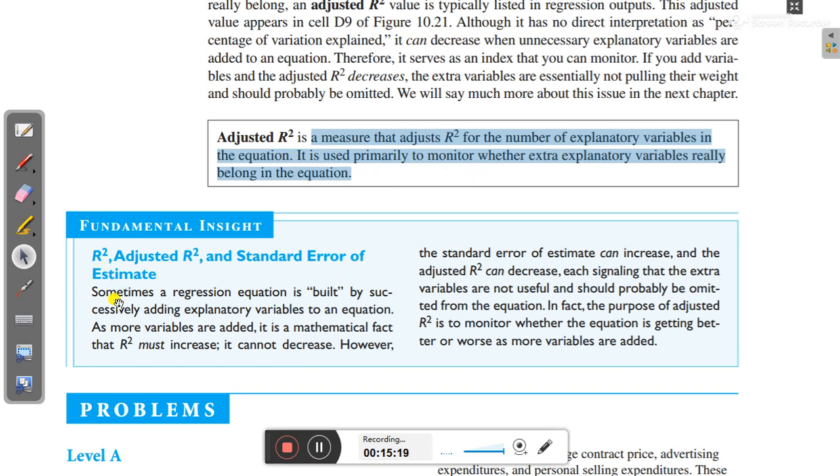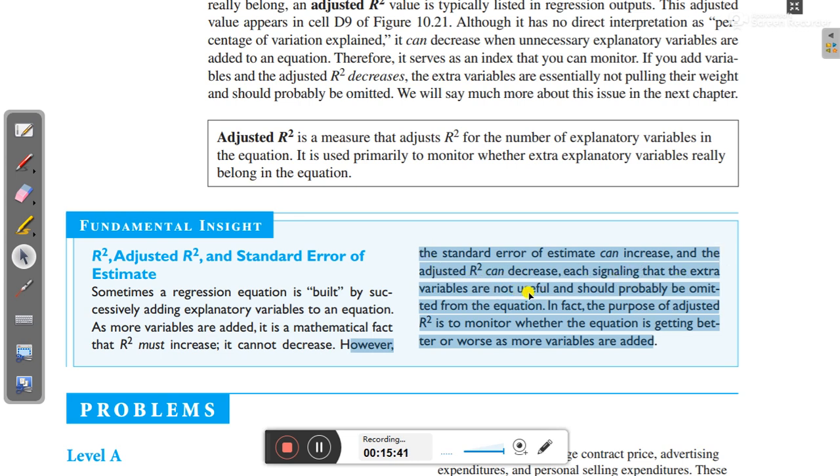Sometimes a regression equation is built by successively adding explanatory variables to an equation. As more variables are added, it is a mathematical fact that R square cannot decrease. However, the standard error of estimate can increase and the adjusted R square can decrease. This signals that the extra variables are not useful and should probably be omitted from the equation.